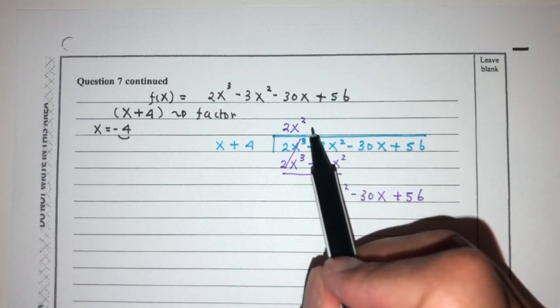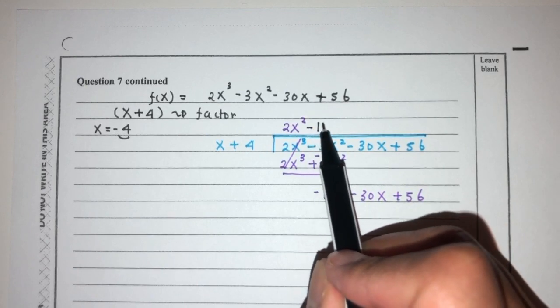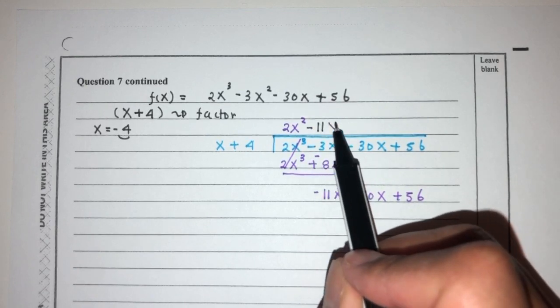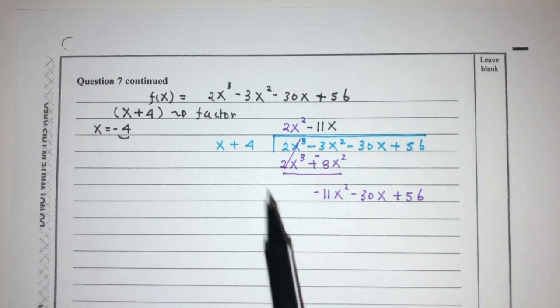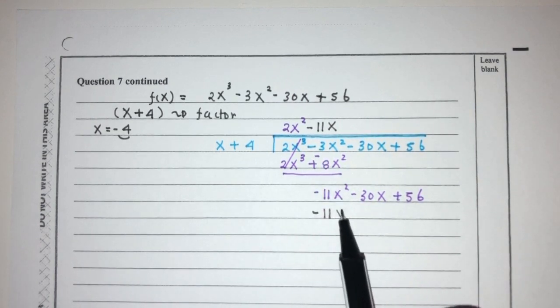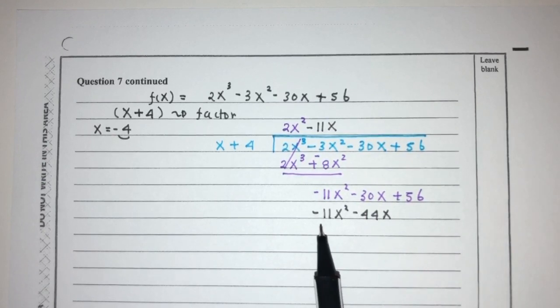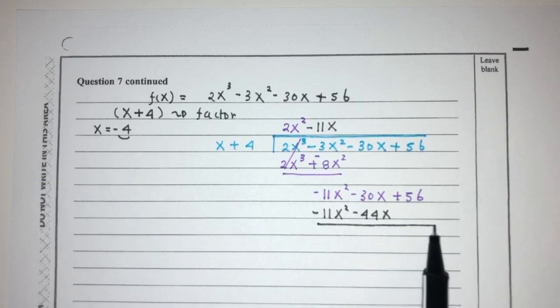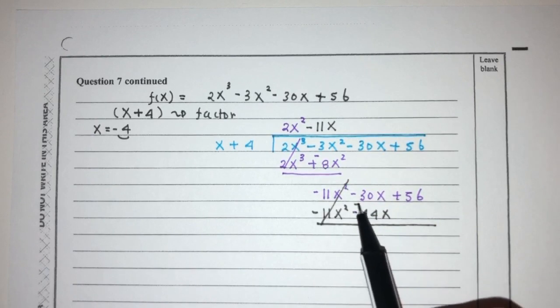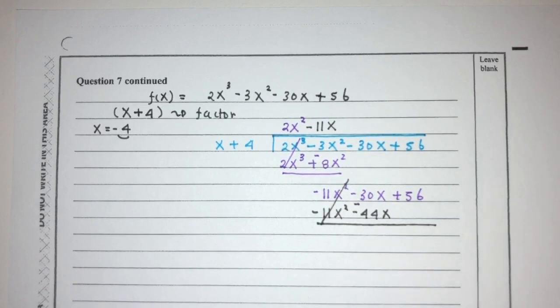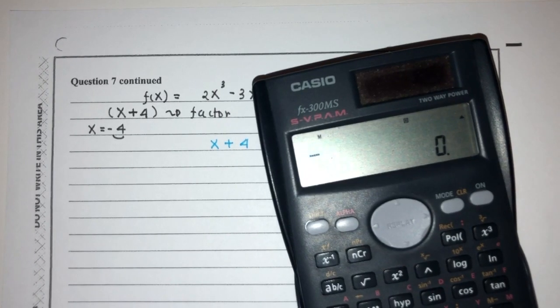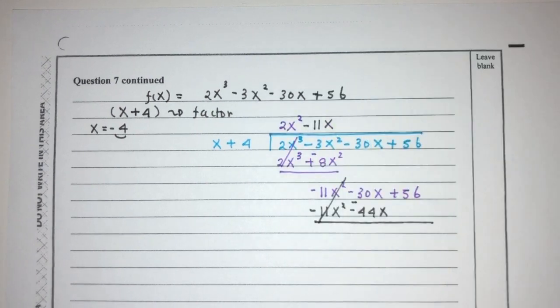You have to multiply by minus 11x, so that will become minus 11x squared minus 44x. Simplify. This will go away, and minus 30 plus 44 will be 14.